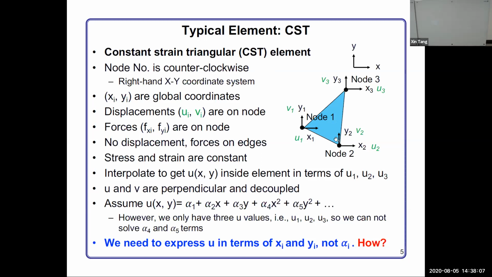You have 3 nodes, 1, 2, 3 in the counterclockwise sequence. Now, we have talked about this. Each node has 2 degrees of freedom, 2 displacements. We will also have 2 forces at each node, because the force will lead to this displacement. They are called Fxi, Fyi for different nodes.